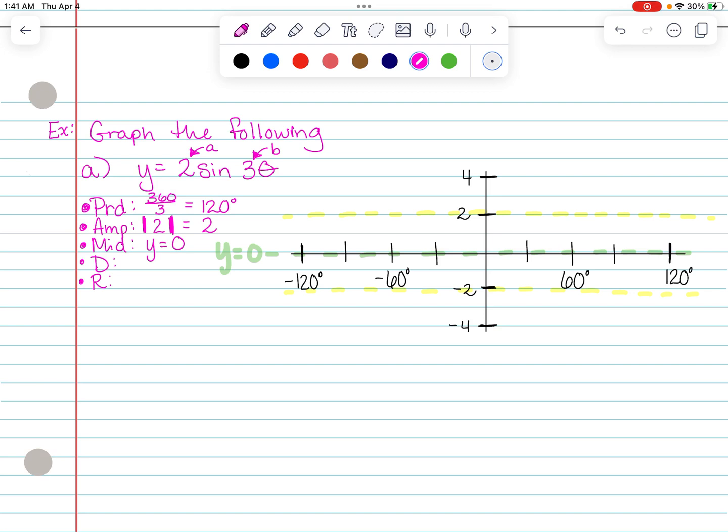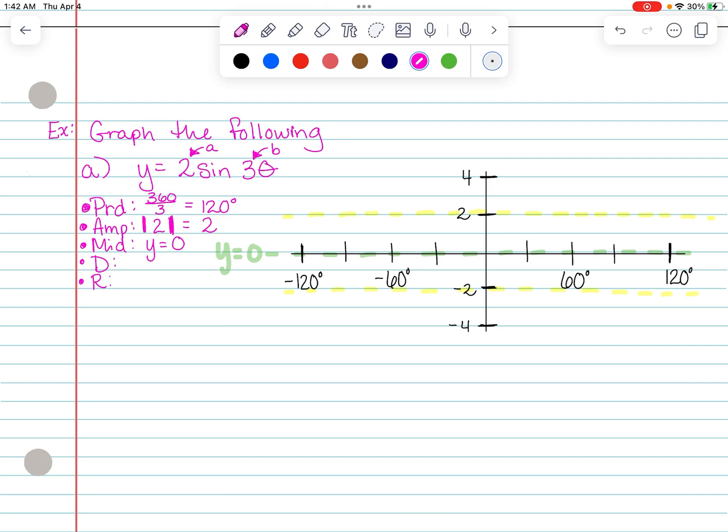Now from here, once I have this built out, between cosine and sine, the thing I look at is, does it start typically at its maximum, at its minimum, or at its midline? And then the other thing I do is I ask, was it flipped over? Sine typically starts at the midline.